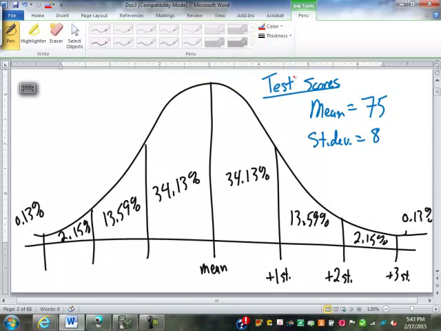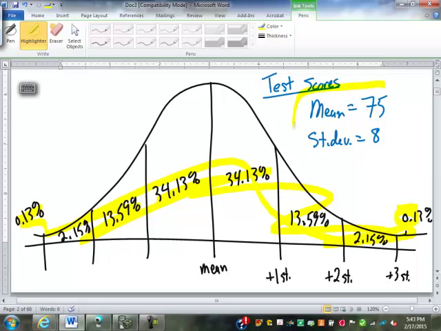What that means for this curve. Now the numbers I put in here, these percents, always stay the same. They will never change. From one textbook to another, they might be off by a decimal place or two just because textbooks round them off differently. But realistically, those percents are the same, no matter what we're looking at, what we're studying. That's what the normal curve is defined to be.